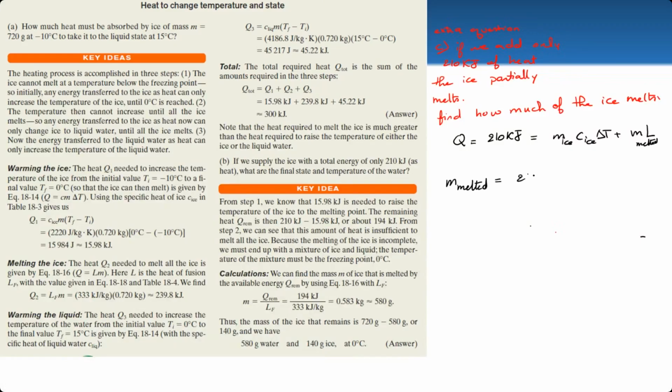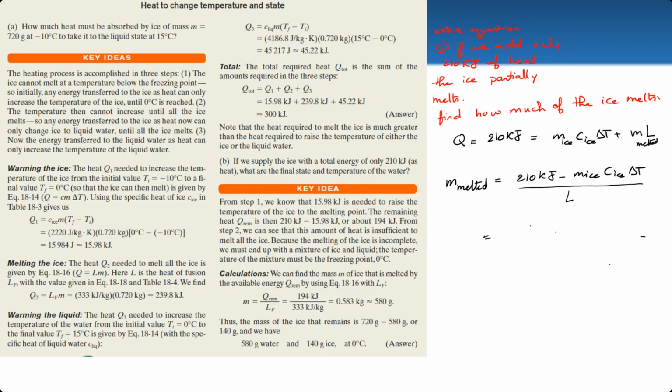It is going to be 210 kilojoule minus the mass of the ice, C ice, delta T. Remember, the ice warms up from -10 to 0, so I will need MC delta T of energy to heat it up to 0. And then the melting will occur.